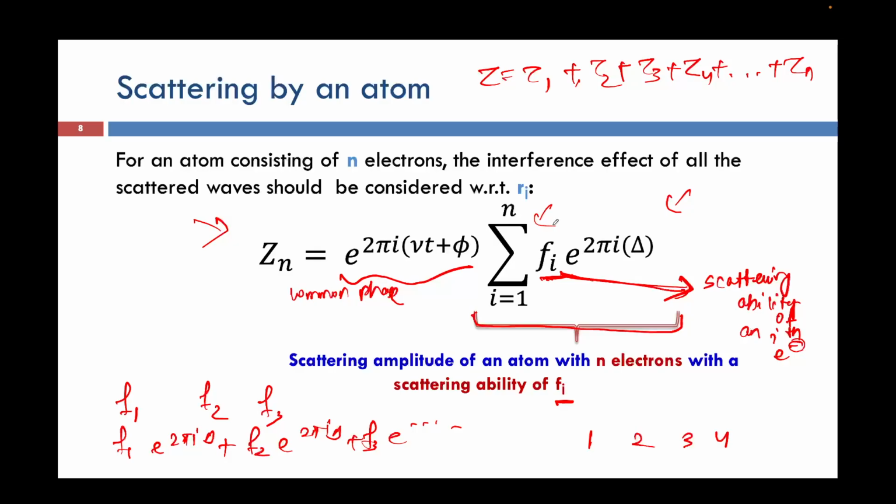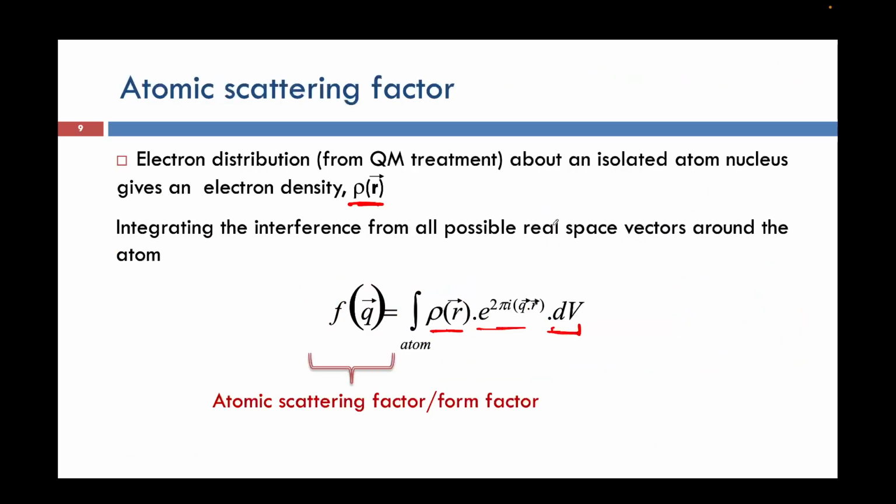So F1, F2, F3, all of them combined, when I put the integration of all those things around the spherical surface of a nucleus, and dV means I am taking a small amount of volume, then the final amount will be given to me. This term is very important. This is called the atomic scattering factor, or sometimes the form factor, right?